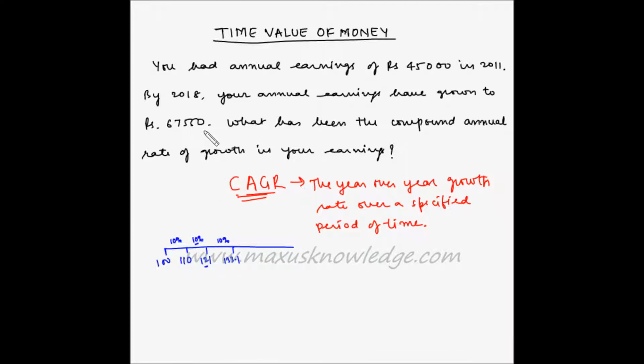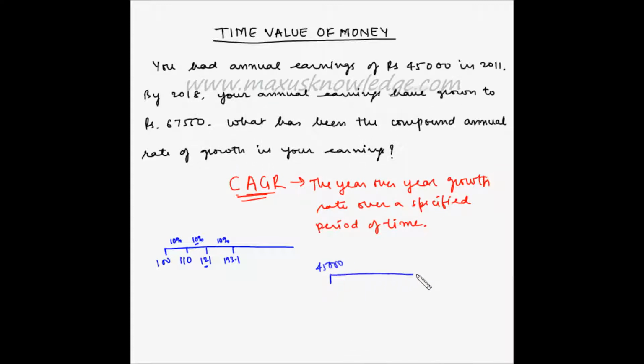So same way we want to find out that if today the earning is 45,000 and after 7 years the earning is 67,550. So this is 0, 1, 2, 3, 4, 5, 6 and 7. Then what is the compound annual growth rate?